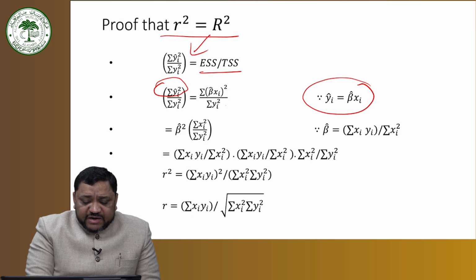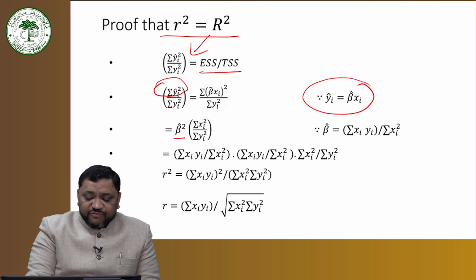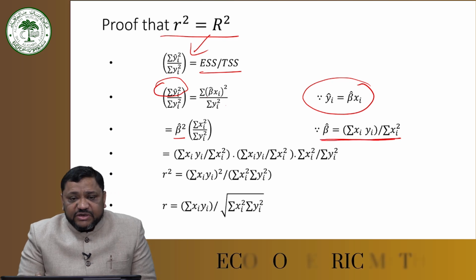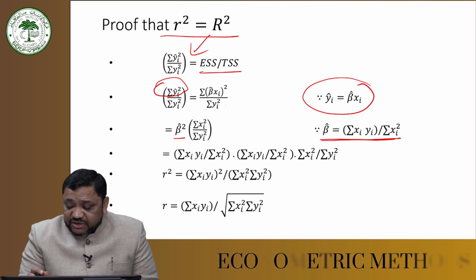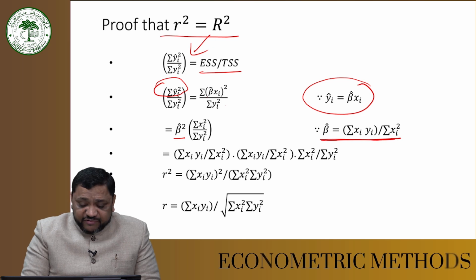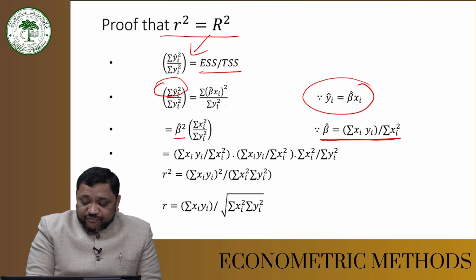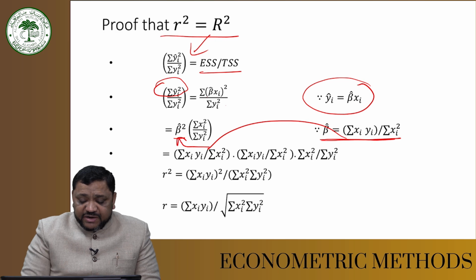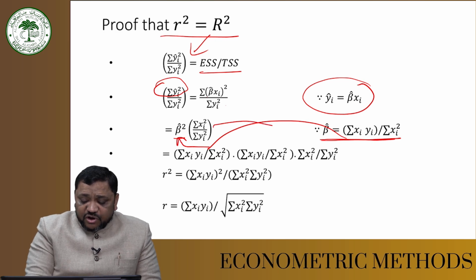Now we can take the beta out. When beta hat comes out, beta hat squared is multiplied by summation xi square divided by summation yi square, because the formula for beta hat is equal to summation xi yi divided by summation x square, all in the deviation form. So we open this formula and write it in place of beta hat, and the rest stays as it is.